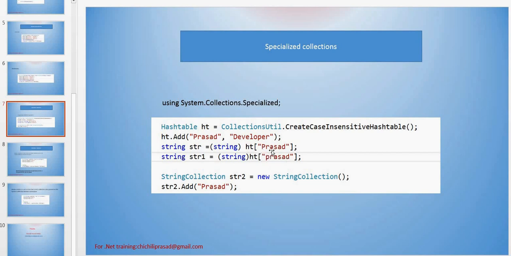You can use either capital P or small p as the key to retrieve the value. And you also have a string collection. It's like your list of strings. Instead of saying list of string, you can directly use string collection.